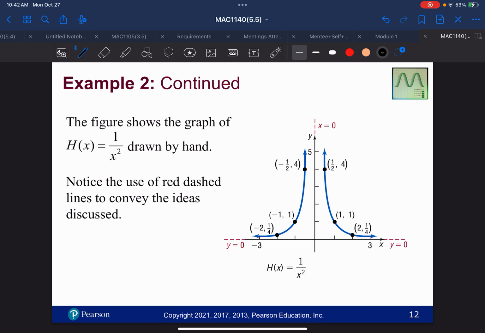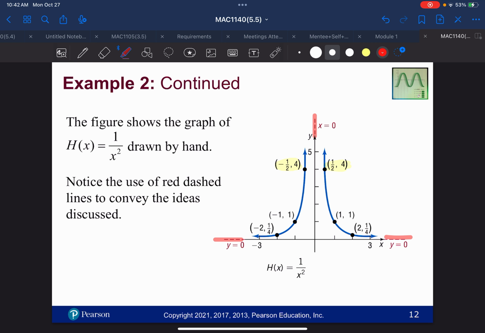And here is a picture of that graph drawn by hand. So they're just plugging some values in to find some points here. Now again, remember we said it would be symmetric about the y-axis, so these points will have symmetry. And then the red dashed lines that you see up here, here, and here, this is representing the ideas that we discussed previously.